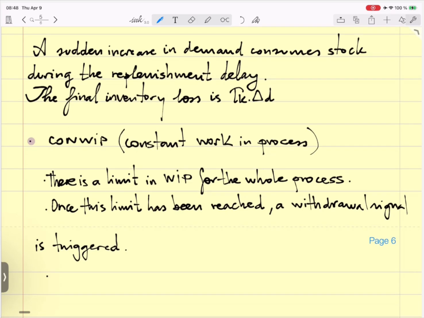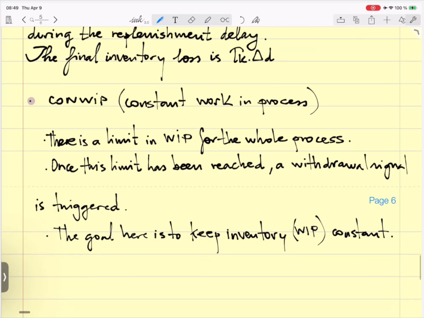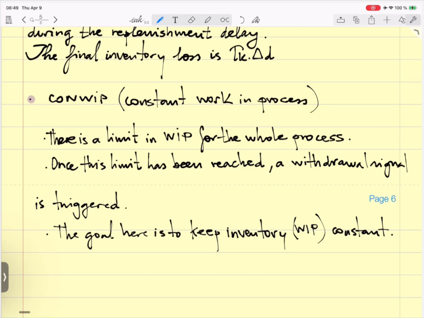The goal here is to keep inventory work in progress constant. Okay. So whereas in Kanban, every time we take one yogurt off the shelf, there is a signal. With CONWIP, there is only one signal if there are less than 10 yogurts in the shelf. Okay.